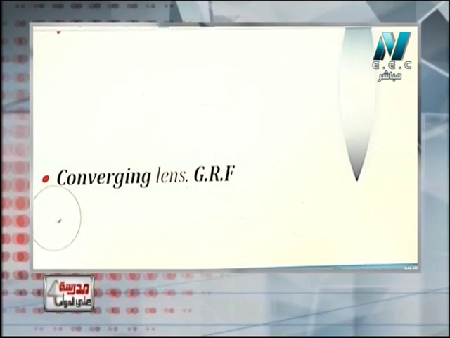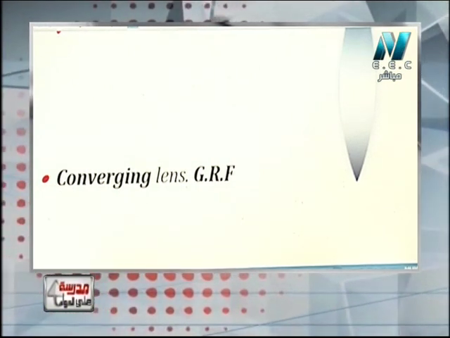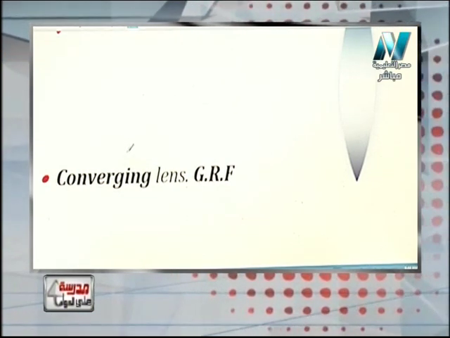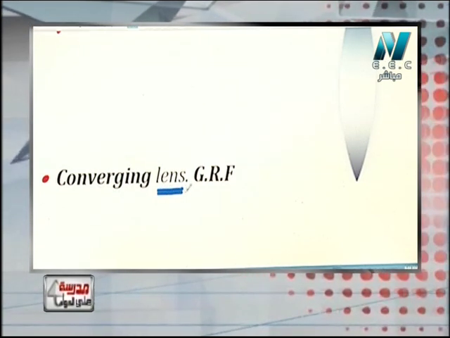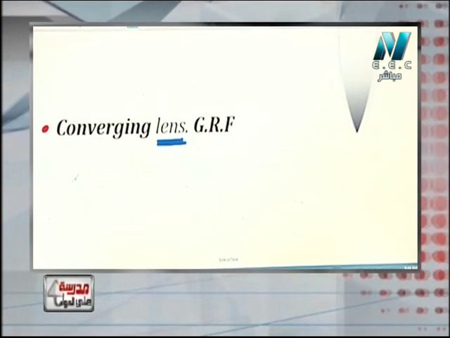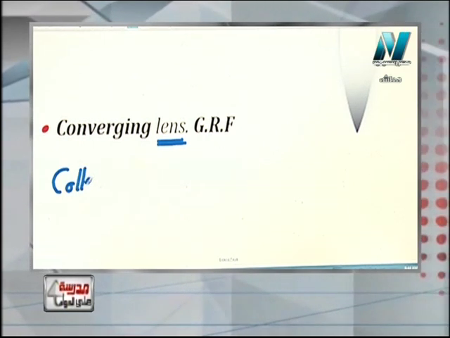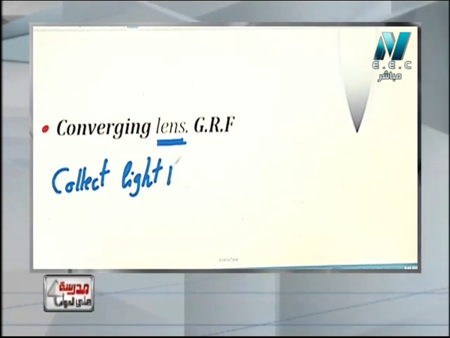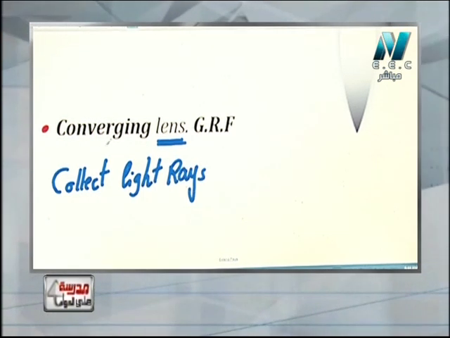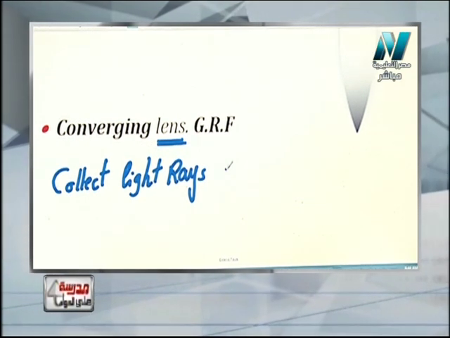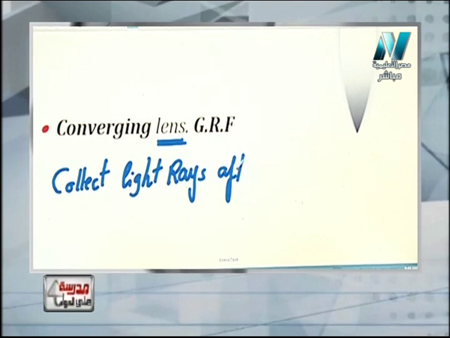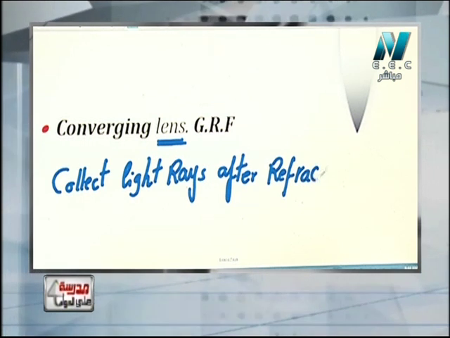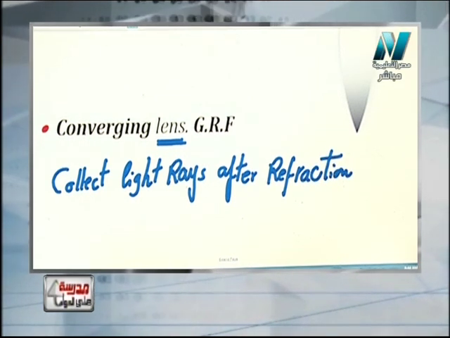Why? Why is this lens converging? We know converge means collect, a collecting lens. It means that it collects light rays. But we talk about lens at the same time. So here we will say in the answer: collects light rays after refraction.